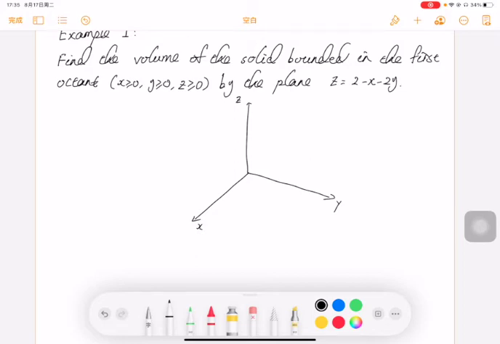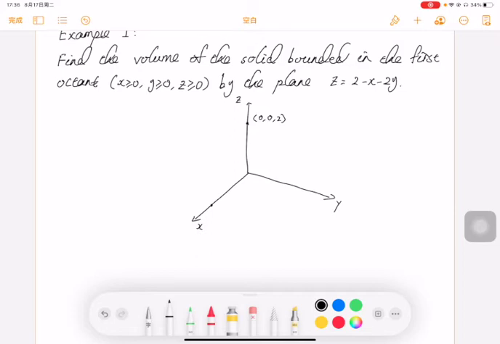Let's look at the intersection of the plane with the z-axis. A point being on the z-axis means x equals y equals 0. So we have z equals 2. Therefore, the intersection with the z-axis is 0, 0, 2. Similarly, the intersection on the x-axis is given by 0 equals 2 minus x minus 0, because being on the x-axis means y equals z equals 0.